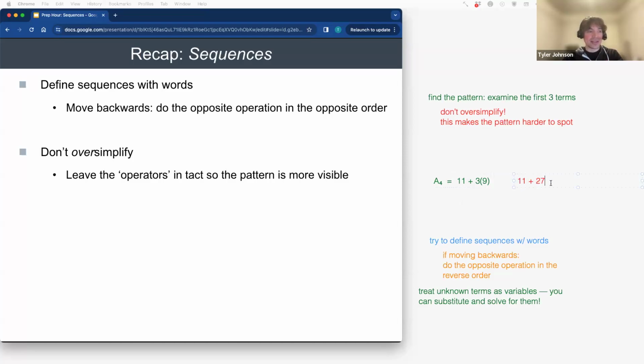If you rewrite that as 11 plus 27 and then simplify that into 38, it kind of obscures what's actually going on behind the scenes. It's keeping the operations intact that makes the pattern more prone to reveal itself. So don't oversimplify the math. You want to leave some operations going on so you can detect the pattern.